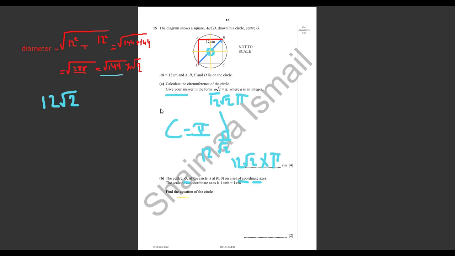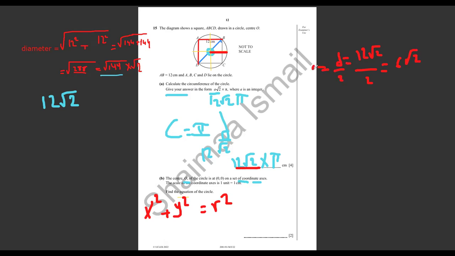The equation will equal x squared plus y squared equals r squared. Am I right? So here D equals 12 root 2. Dividing by 2 is equal to 6 root 2, so r equals d divided by 2.